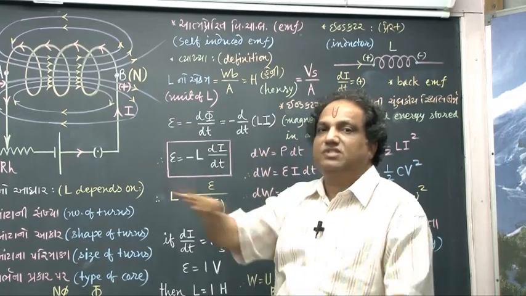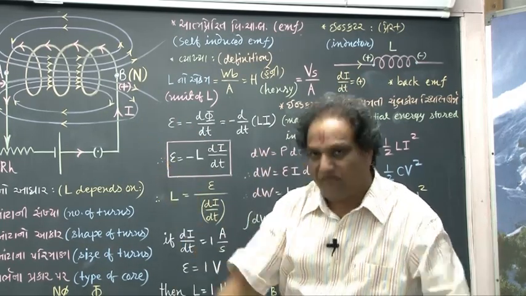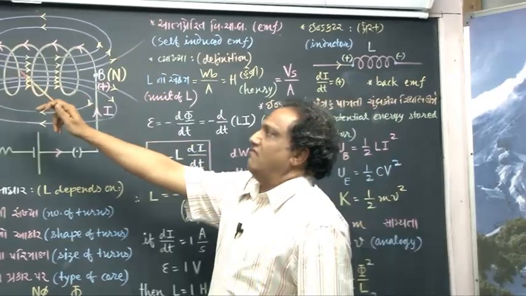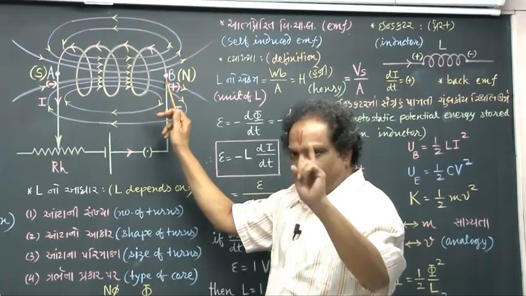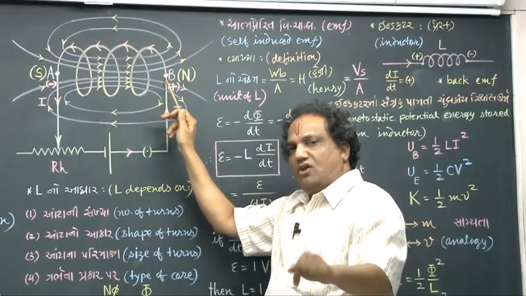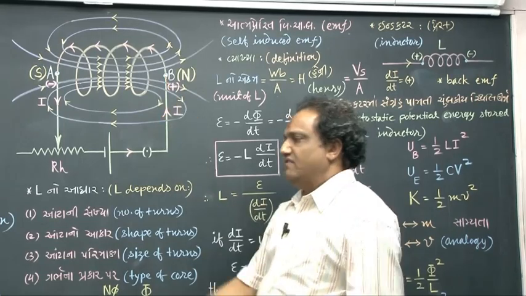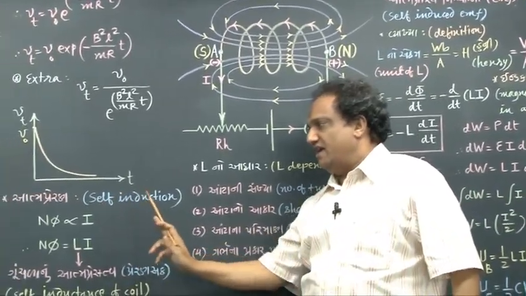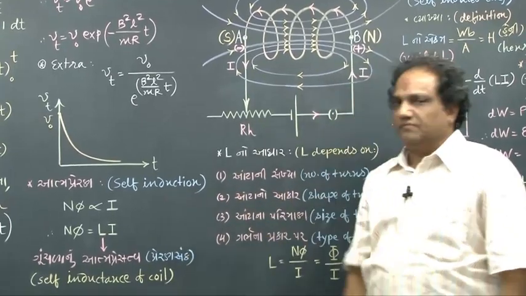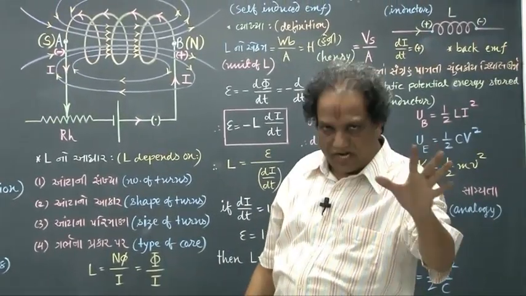No external agency is responsible for this. Okay, fine. The EMF developed across these two ends is called self-induced EMF, and this phenomenon of production of self-induced EMF is known as self-induction. Fine. The phenomenon is known as self-induction.